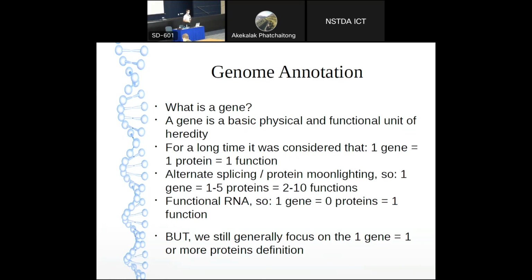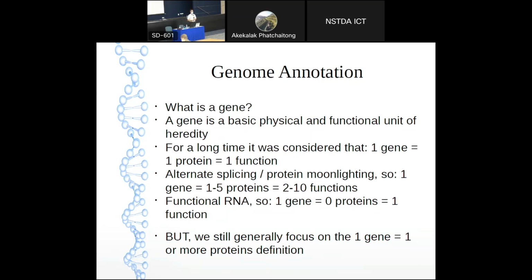So this became one gene can give 1 to 5 proteins and equal 2 to 10 functions. And then later we found functional RNA. So now we have one gene can give 0 proteins and have one function. But we still generally focus on the one gene gives 1 or more proteins definition.